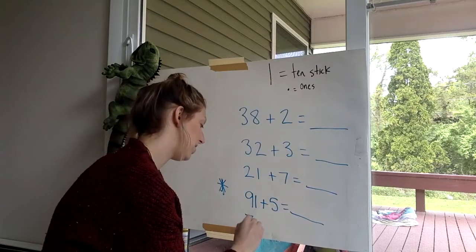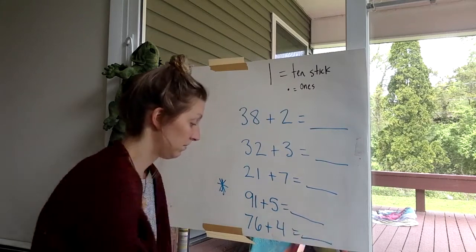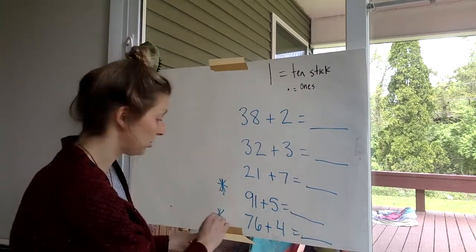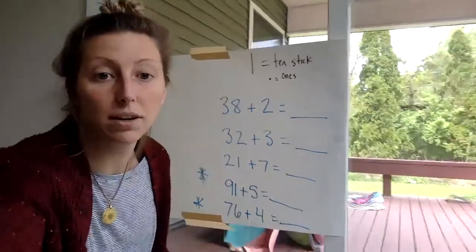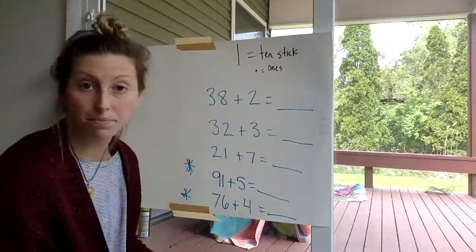And let's do 76 plus 4. Those are the 2 challenge ones. Whoops, can you see them? Okay. Those are the 2 challenge ones, and then these 3.